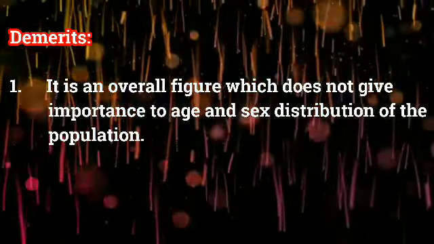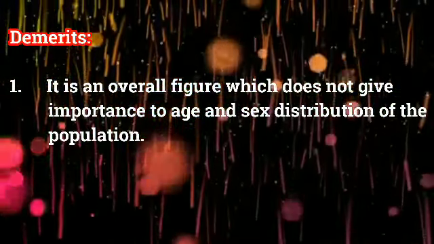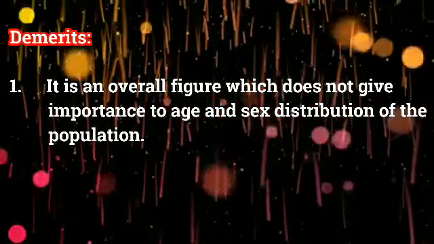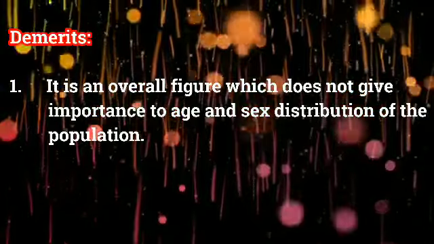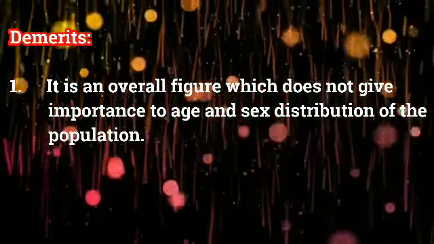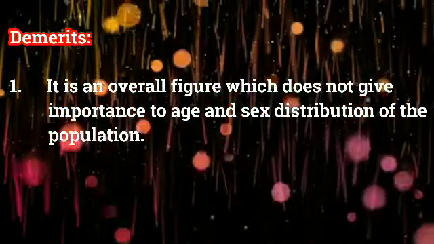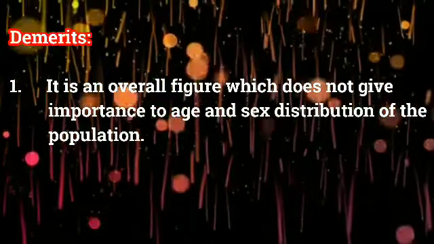Demerits: it is an overall figure which does not give importance to age and sex distribution of the population. Death can happen in the life of any individual at any point of time.